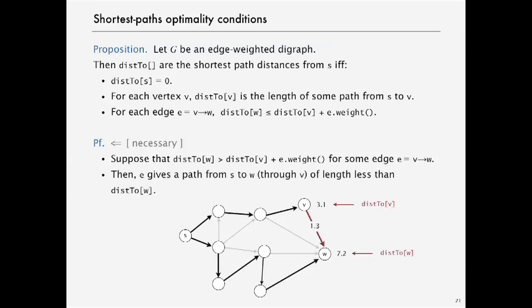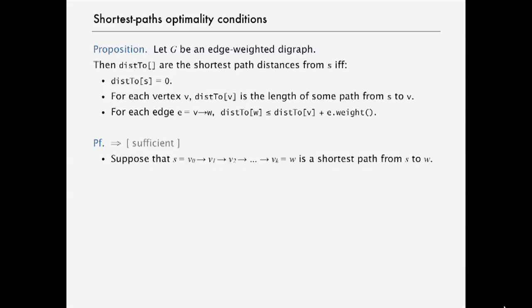Suppose that the distance to W is bigger than the distance to V plus e.weight for some edge. Then that gives a path to W that's shorter than dist2W, because V has a path and the weight is shorter, and that is a contradiction to the idea that you have shortest paths, so there can't be any such edge where that condition holds. So that's necessary.